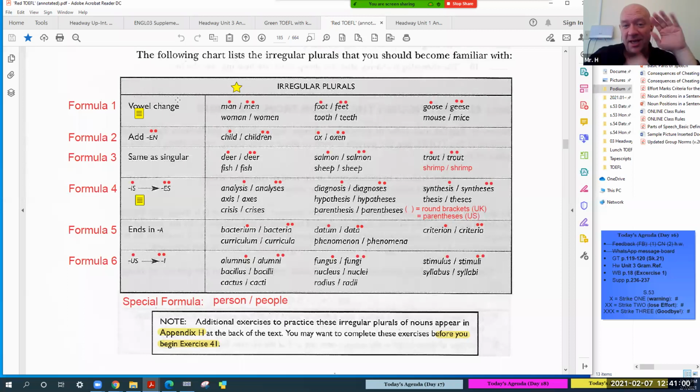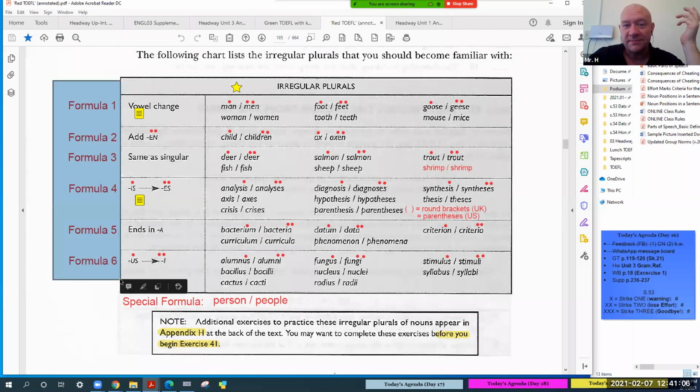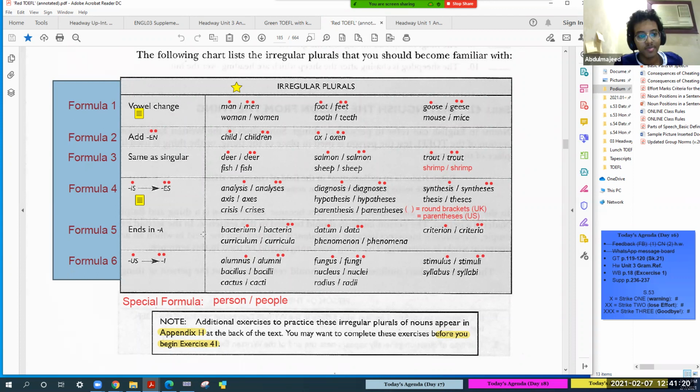If you know these 6 formulas, then it's easier to remember the irregular plurals. You understand? Okay, so let's start with the first formula.